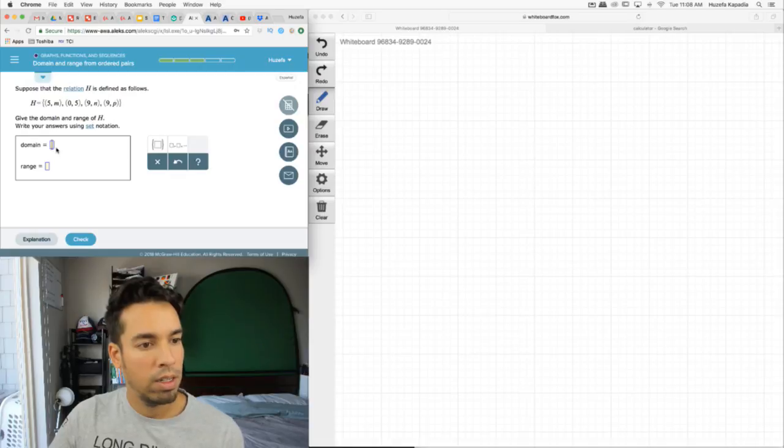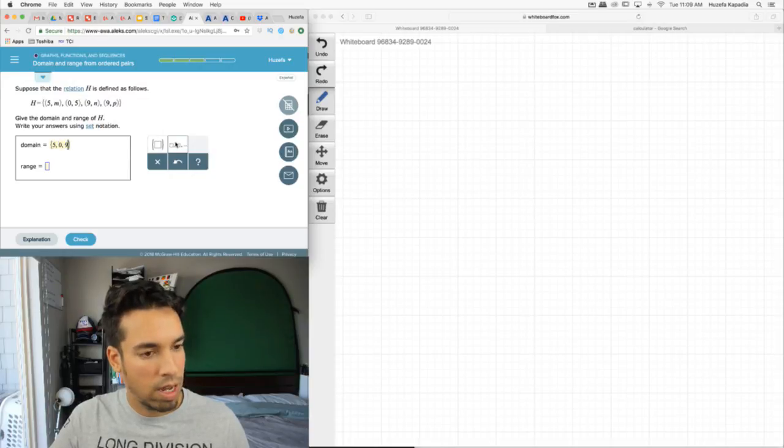Next, domain is 5, 0, and 9. There's a second 9, but we don't need to repeat that. And for the range, we have M, 5, N, and P.